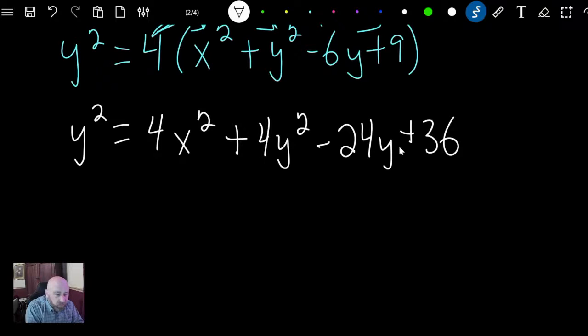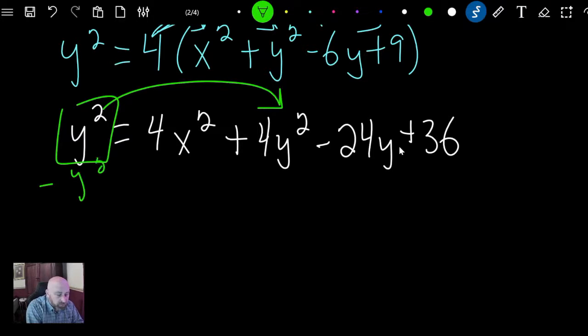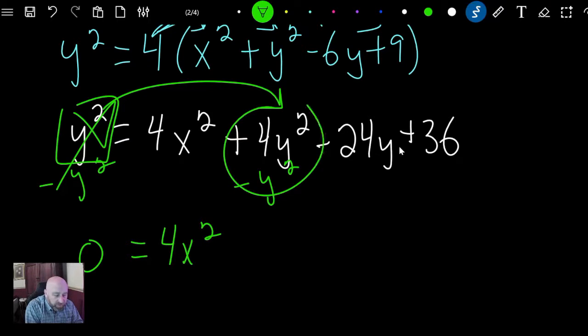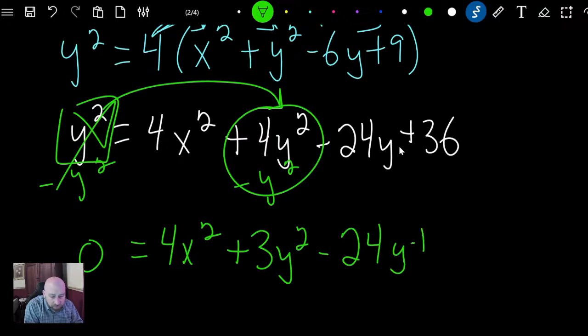We can do one more thing, and that would be we can move this over here by subtracting y squared. And that's going to cancel, and that's going to give us 0. This basically sets it up in standard form. So 4x squared, and this is going to give us plus 3y squared minus 24y plus 36.